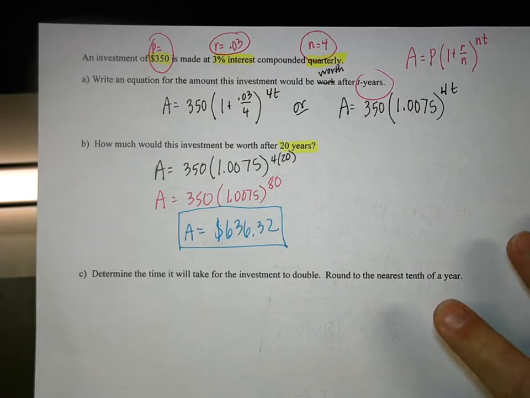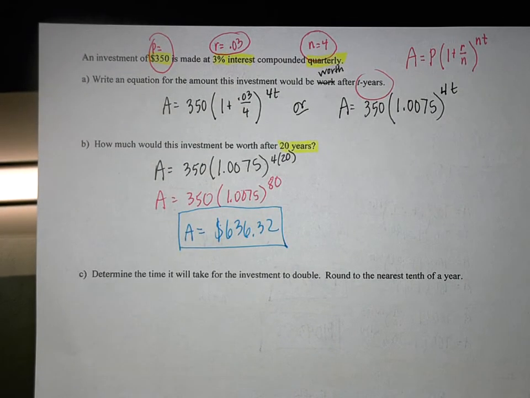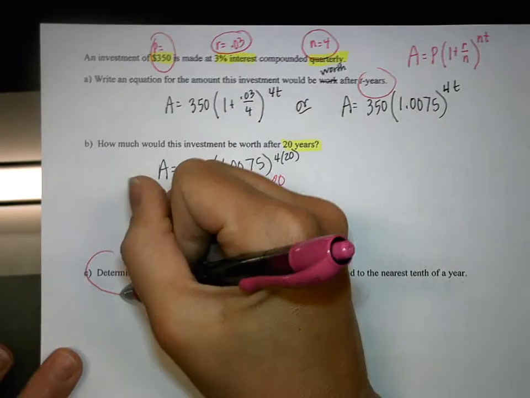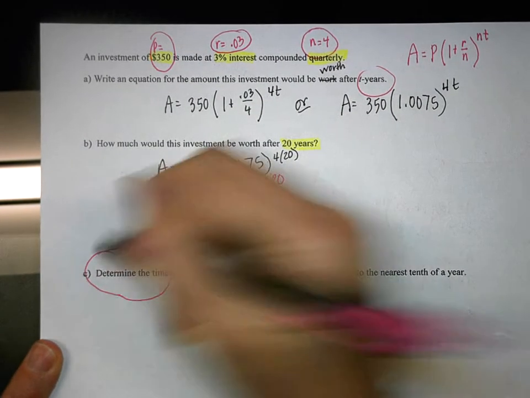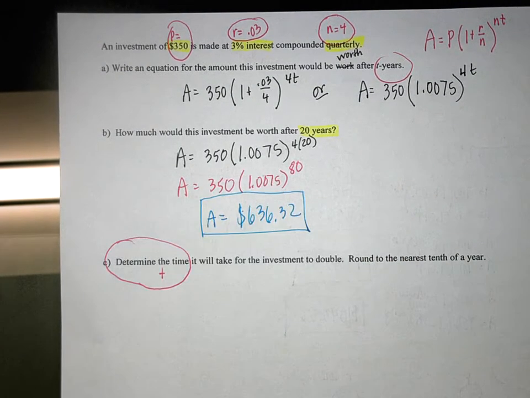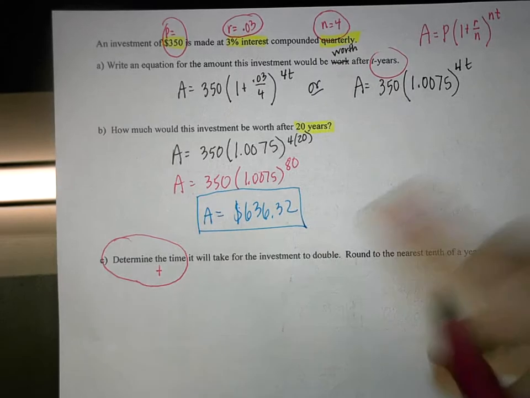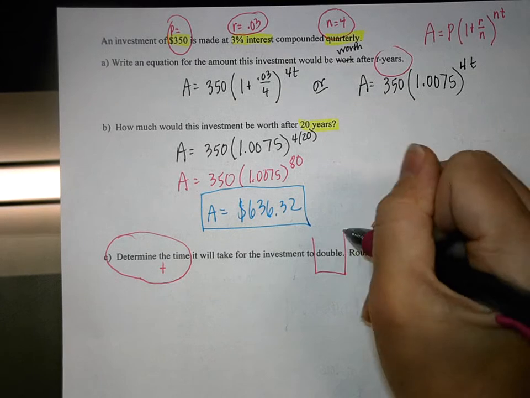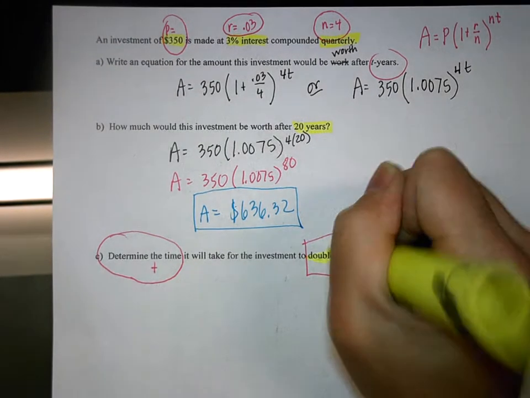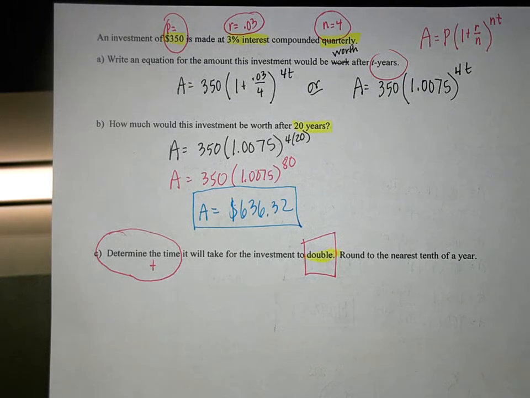All right. Last problem. Determine the time. When they say determine the time, that means we are going to be finding what? The t. We need to find the t it will take for the investment to double. What does double mean for this problem? It means times 2. So what's my initial investment?